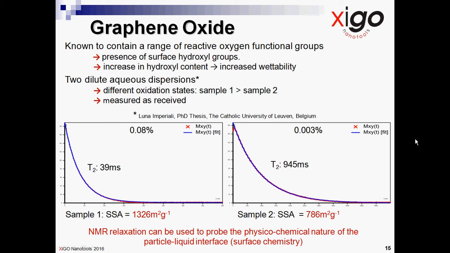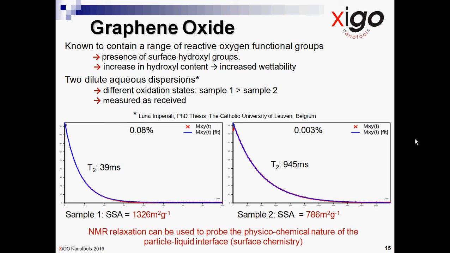From the material preparation, each graphene oxide would have different degrees of oxidation, and this was not known at the time of our measurement. It is clear that the single exponential fit, the blue line, to the data, the red dots, is good for both samples. Reproducibility of data was quite acceptable, coefficient of variation of less than 2% for each sample.